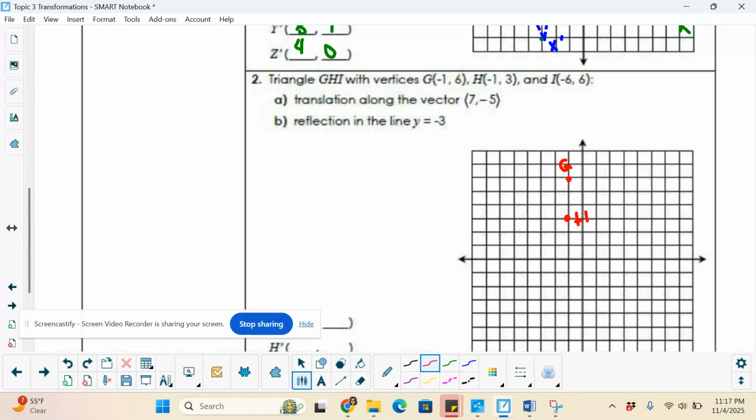And my I is going to be at -6, 6. So -1, -2, -3, -4, -5, -6. 1, 2, 3, 4, 5, and 6. All right, let's make our line. This is my pre-image.